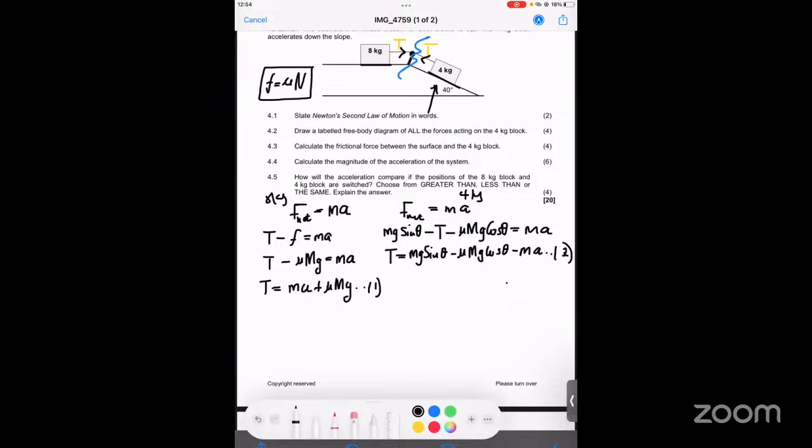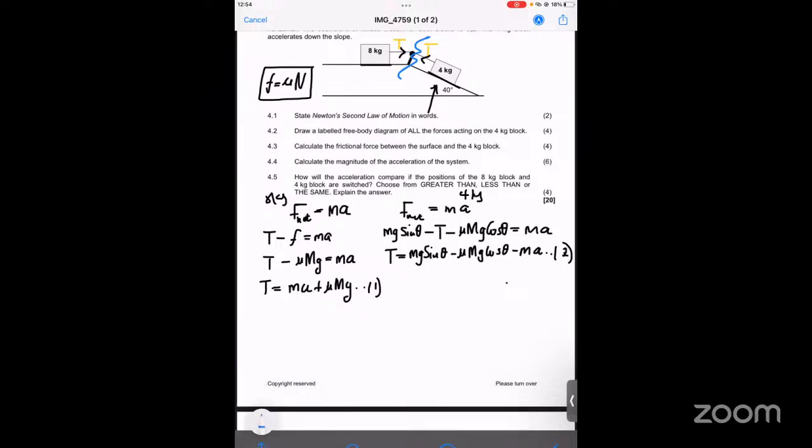Yes, then all that you now need to do is equate both the equations, because this is equal to that. Tension is the same on each of the objects. Then you equate and solve for A, because you do have the mass, mu, G, sine of an angle, and cos of an angle.